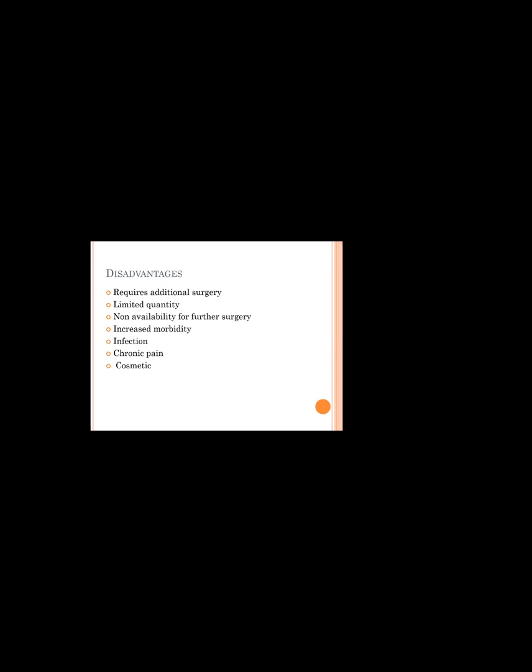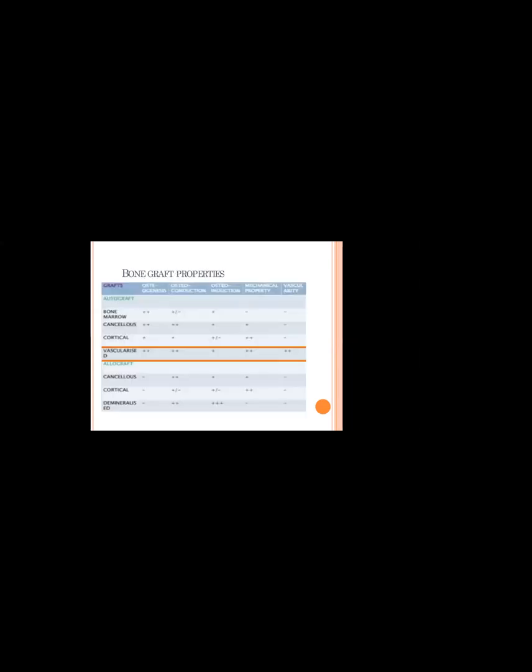There's a risk of infection involved, and some of the patients may have chronic pain and cosmesis issues. This table has tried to summarize bone grafting. As you can see, vascularized graft has all the three properties, and on top of that has a mechanical property.